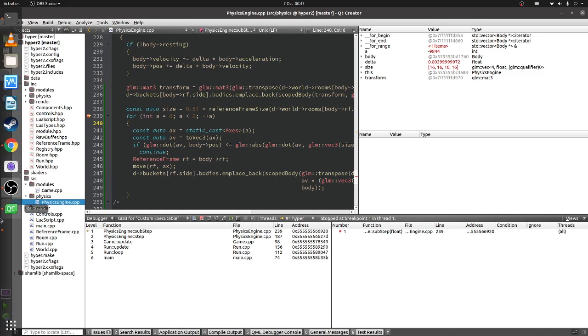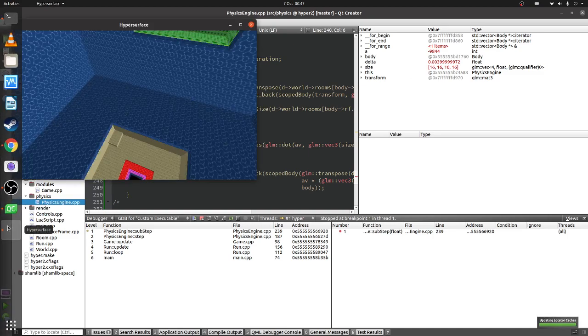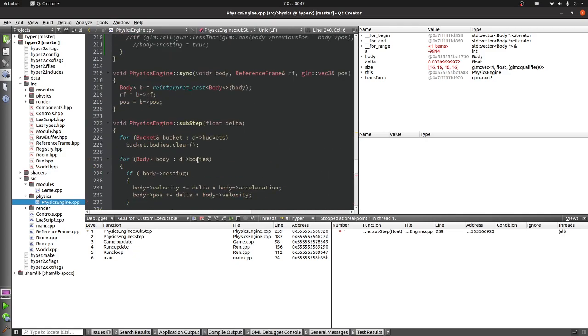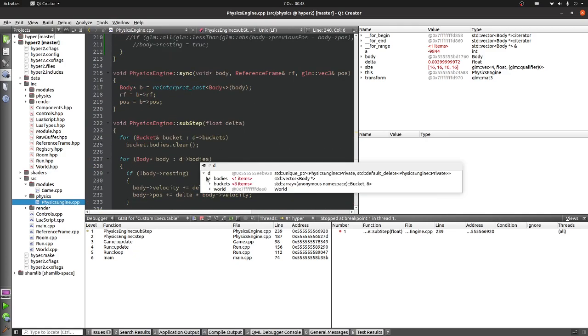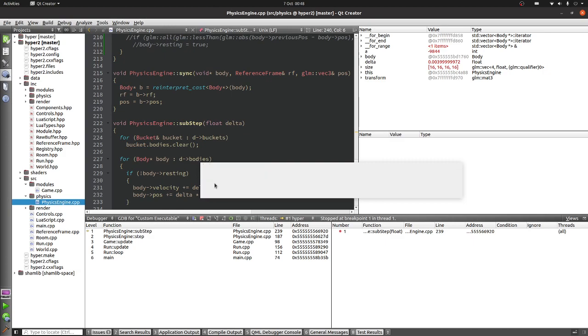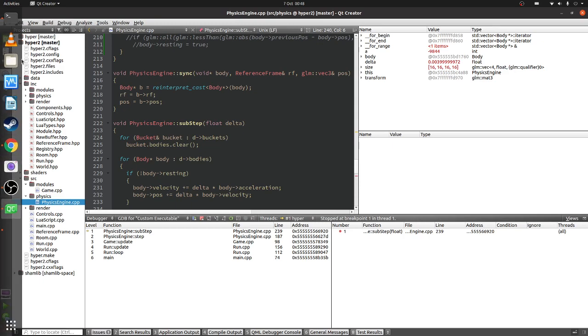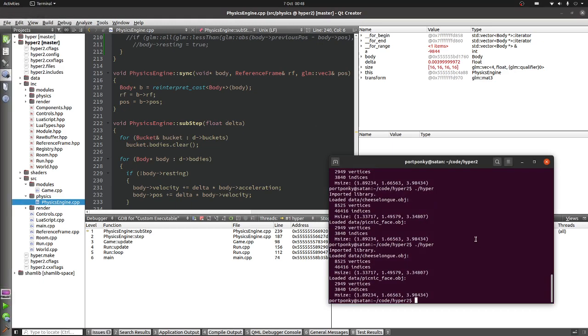Okay, so what is this actually colliding right now? Oh, it's the chaise lounge. I need to get rid of that, or not get rid of it.